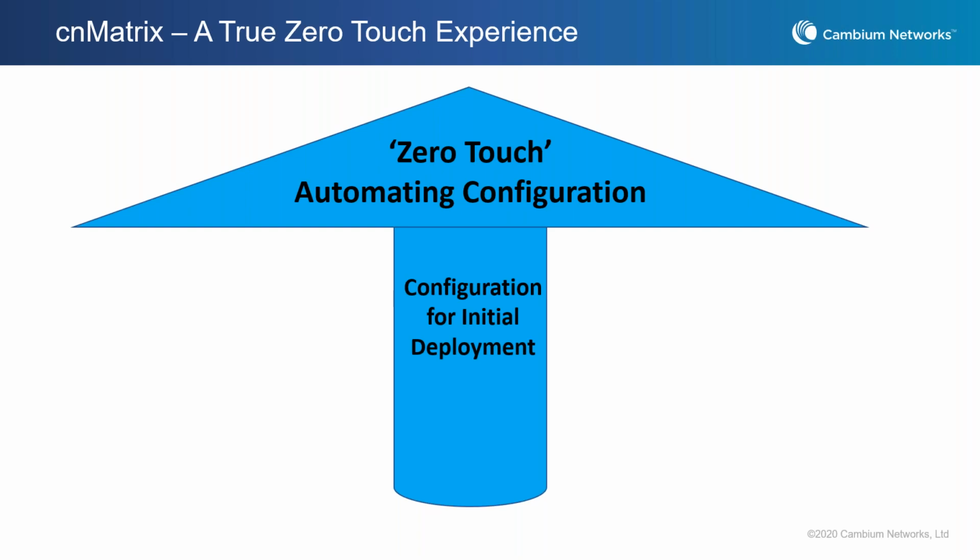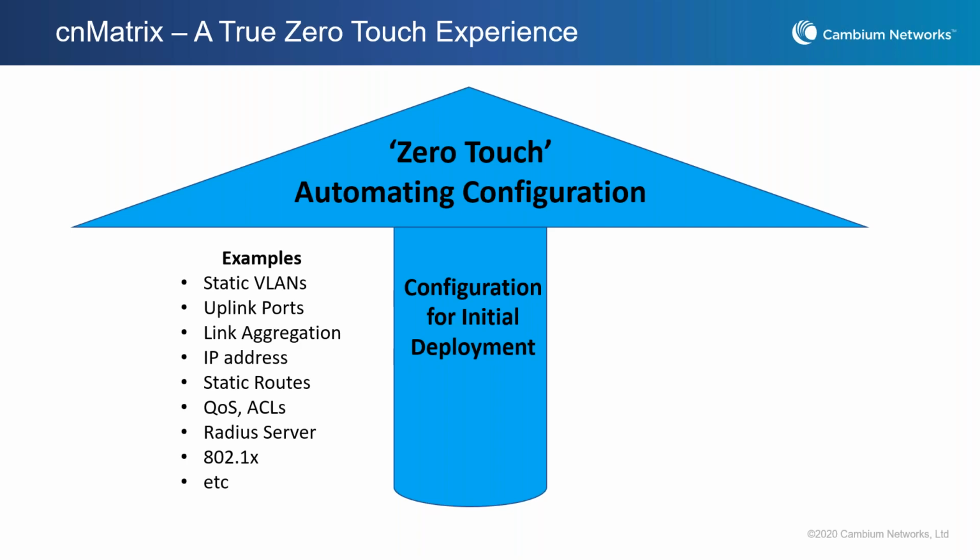If you're deploying your switches for the first time, there is some initial configuration that you want to put on these switches, some initial staging. Some examples of that are static VLANs, uplink ports, link aggregation, your IP address, is it DHCP or is it static, things like that. So this pre-staging that you want to do of a switch, we do not require you to do that. You don't have to do that manually. You can automate that process.